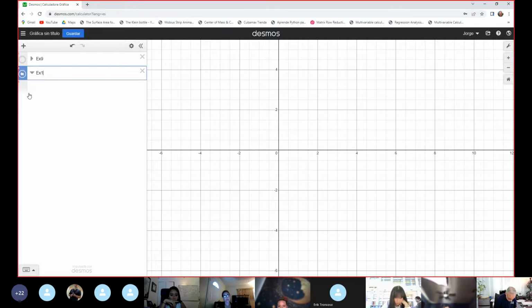I also recommend that you create your own account, very easy, in Desmos. You open Desmos, you sign in, and you create a username and password. You can use the same credentials, or you define your own.